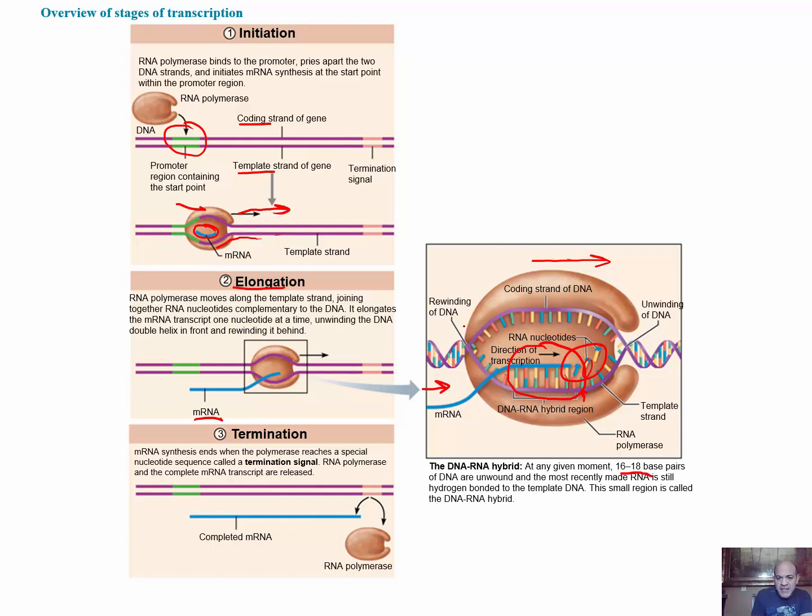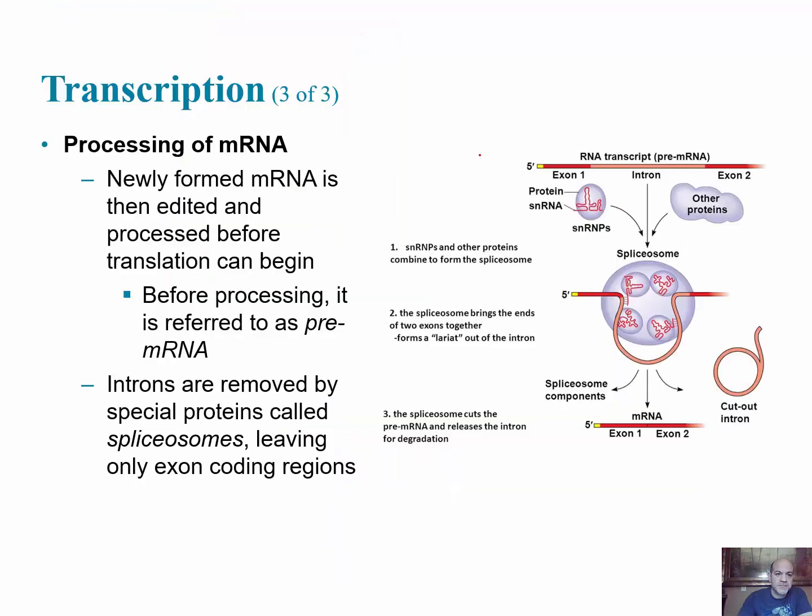And then behind there, the DNA molecule winds back to its normal structure. Now, the termination is going to happen when we get to our termination signal here at the end. And when we do, the RNA polymerase falls off and you have your mRNA strand falling off. So here's your now mRNA strand, and this again has occurred in the nucleus where the DNA is found.